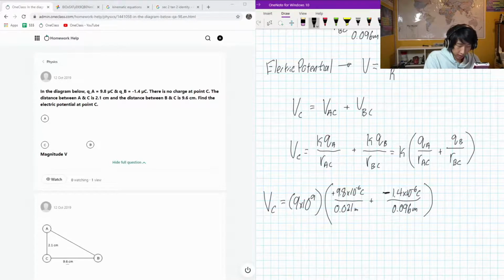Ten to the negative 6 divided by 0.021 minus, don't forget the minus, 1.4 times 10 to the power negative 6 divided by 0.096, close the brackets, and I got an electric potential calculation that is pretty large, can't lie.